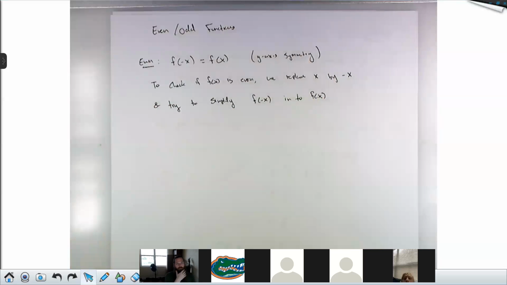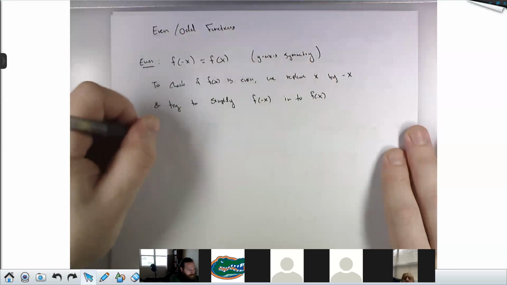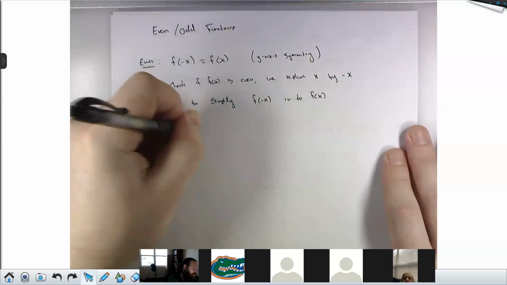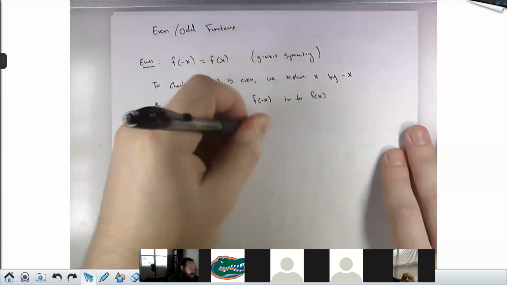because f of negative x should be equal to f of x if f is even. And similarly, if f is odd, that means f of negative x is negative f of x. These have origin symmetry.